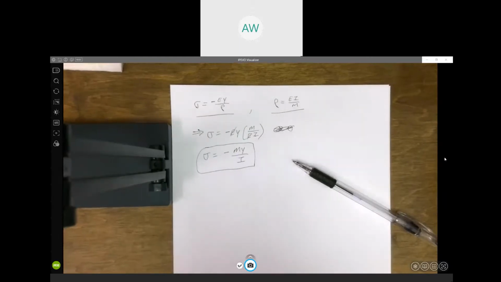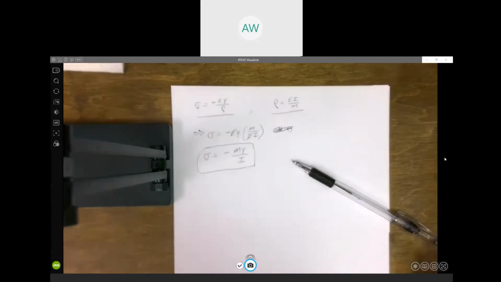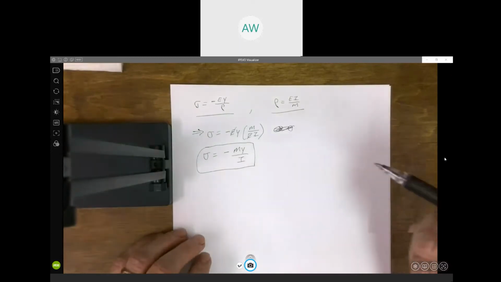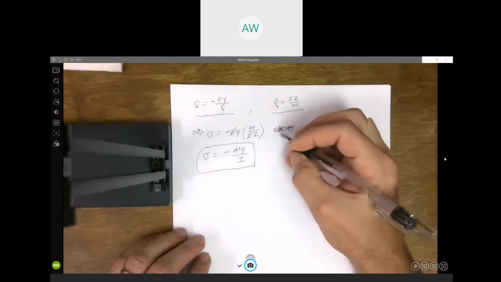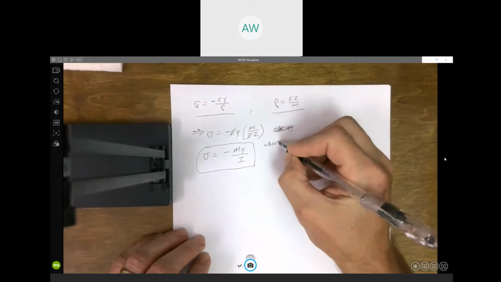The problem is not calculating the correct location for the centroid, which means y is going to be wrong, or you can't calculate the moment of inertia, or you don't know how to do it well enough that it takes you way too long. Those two things you should be able to do quickly and correctly: locating centroids and calculating moments of inertia.